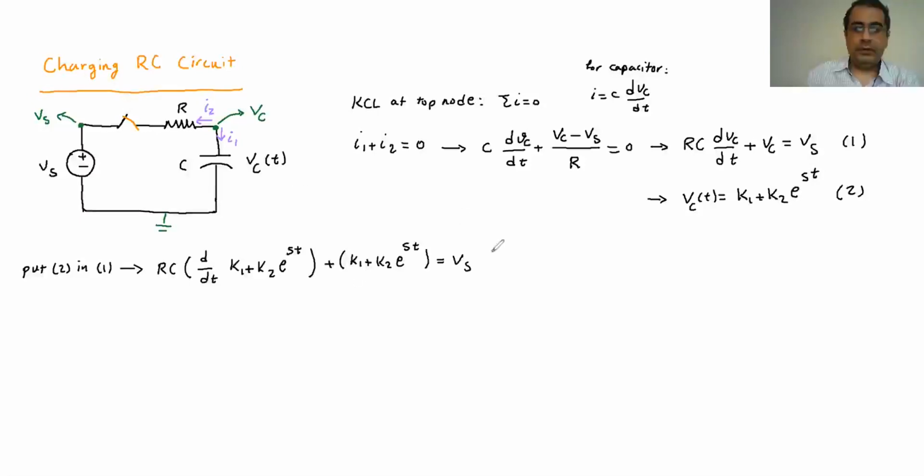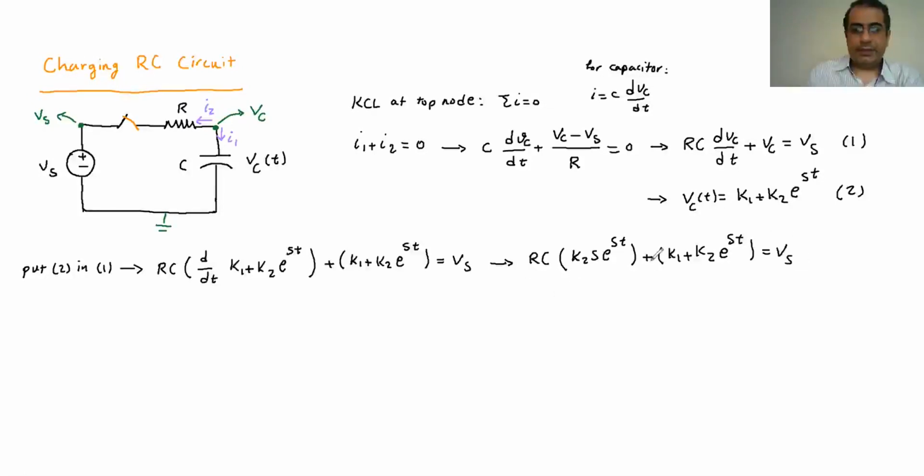And then if I solve it, I get RC, and for this part the K1 is going to go away. I'll have K2 S e to the power of st, plus K1 plus K2 e to the power of st is equal to Vs. That's the equation I'm going to get.